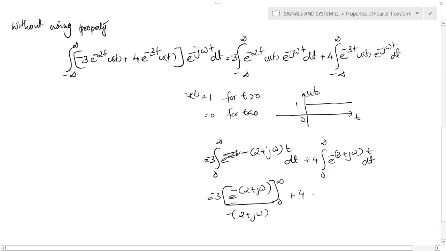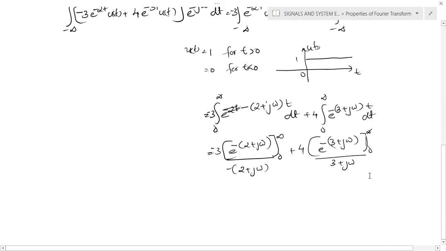For the second term, it becomes e raised to minus (3 plus j omega) t by (3 plus j omega), and you need to apply the limit from 0 to infinity. After applying the limit and simplifying, you will get exactly the same result: minus 3 divided by 2 plus j omega plus 4 into 1 by 3 plus j omega.